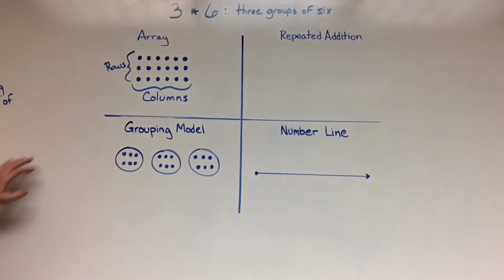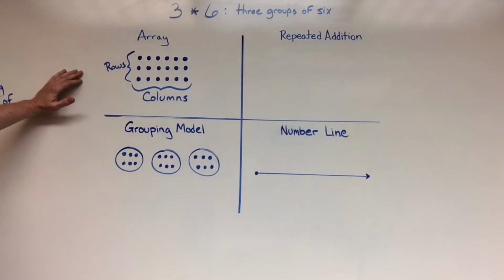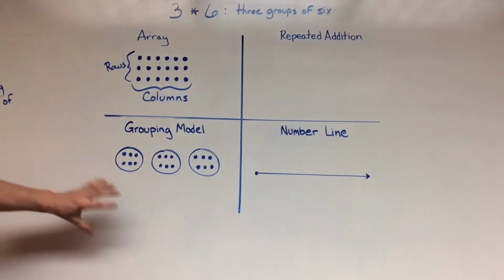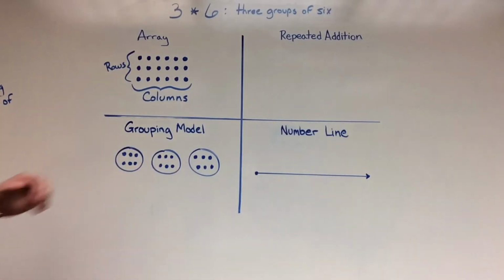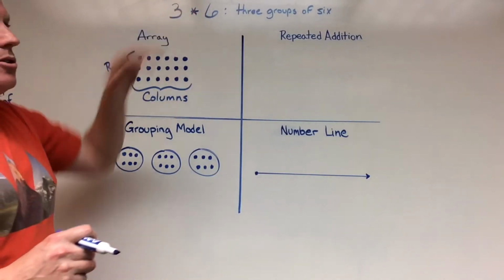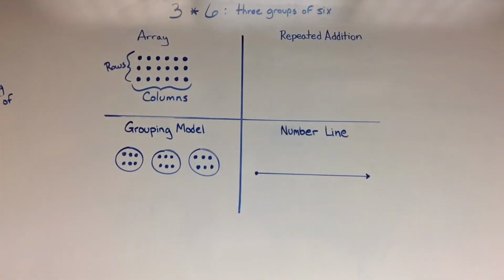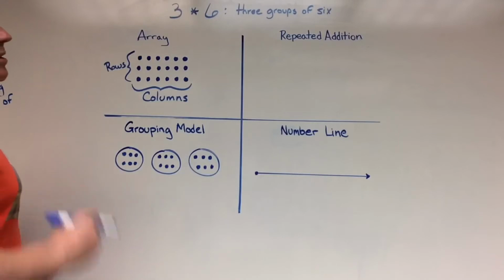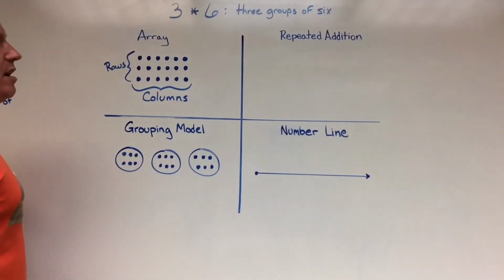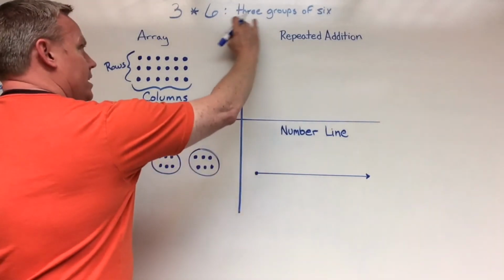Okay. Again, like the array, we would not have 6 groups with 3 in each group because of how we interpret the multiplication.